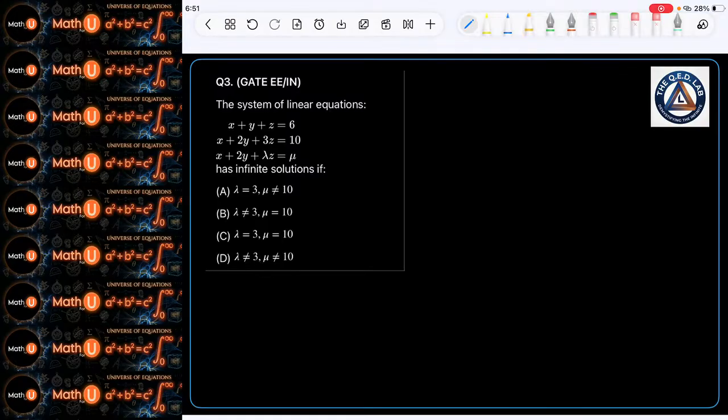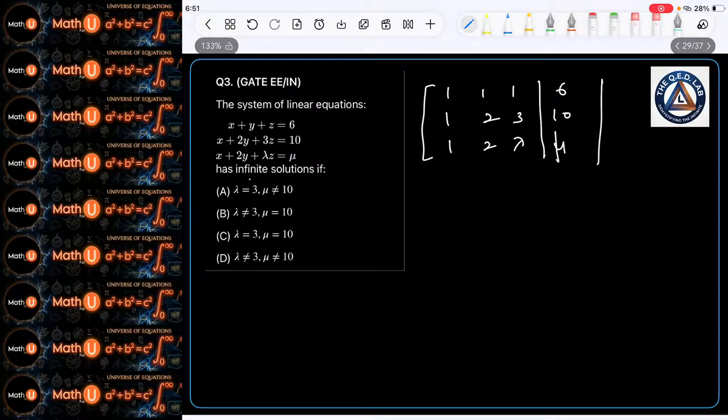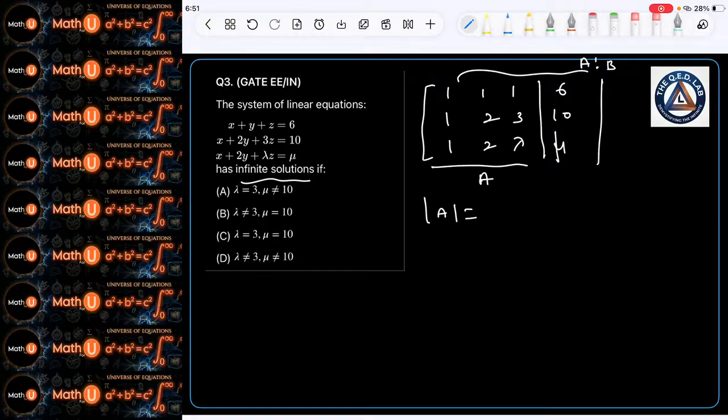And this is the next question, a system of linear equations. Here you can convert and get 1 1 1 6, 1 2 3 10, 1 2 lambda mu. If it has infinitely many solutions, then this is the A matrix, and the complete one is the augmented matrix. First the determinant of this matrix: 1 1 1, 1 2 3, 1 2 lambda.